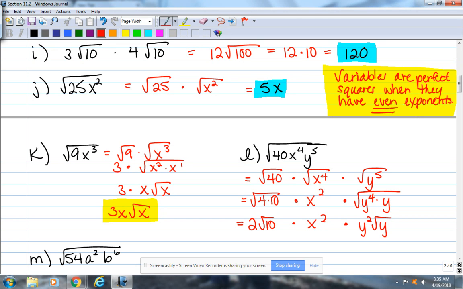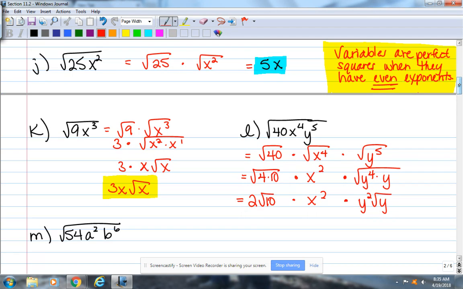And then when you finish up everything, you're going to put all your outsides on the outsides and all your insides on the insides. Okay? So on the outside of a radical, I'm going to have a 2, an x squared, and a y squared. And what's going to be on the inside? A 10y.